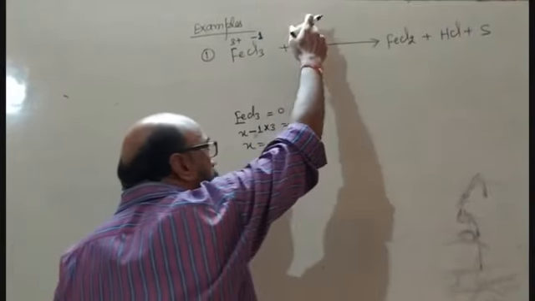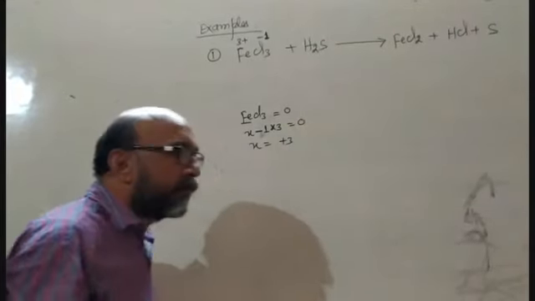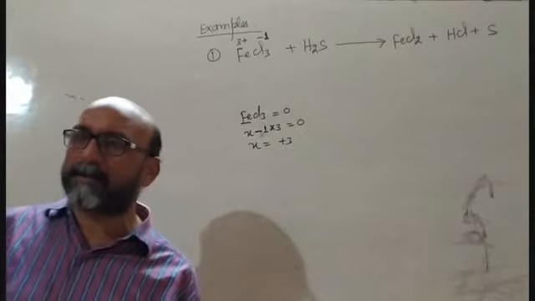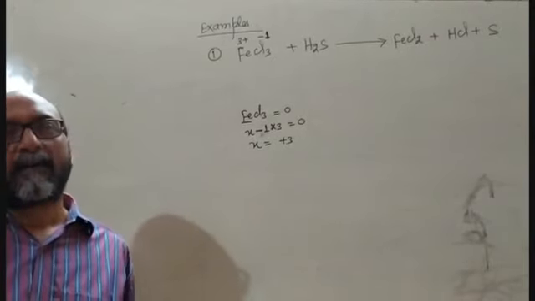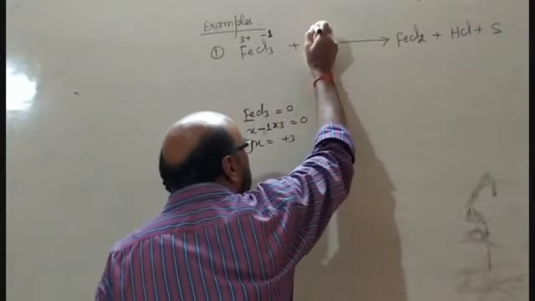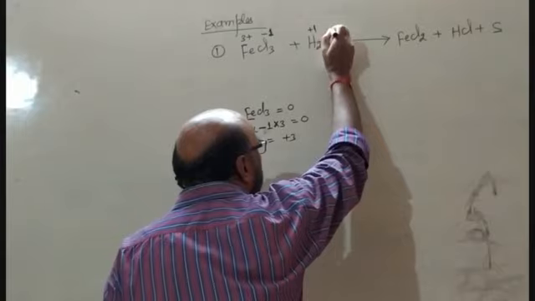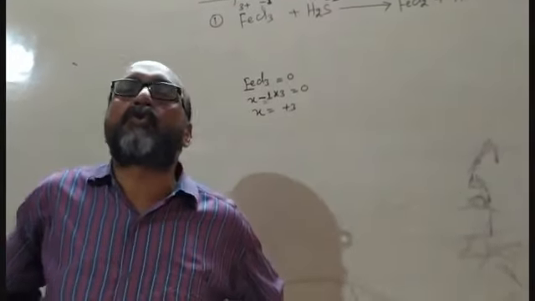And in this compound, the oxidation states of both elements, hydrogen and sulfur, come under the rules we have read. The oxidation state of hydrogen in a compound and ion is +1, and the oxidation state of sulfur in sulfide is -2.